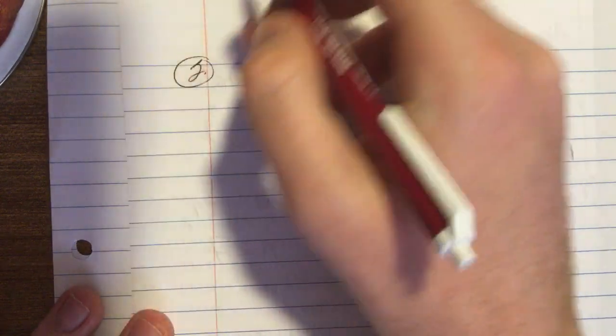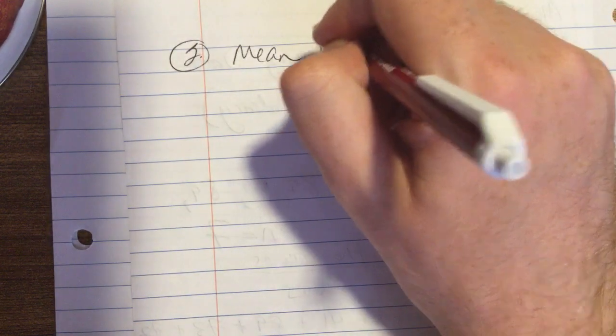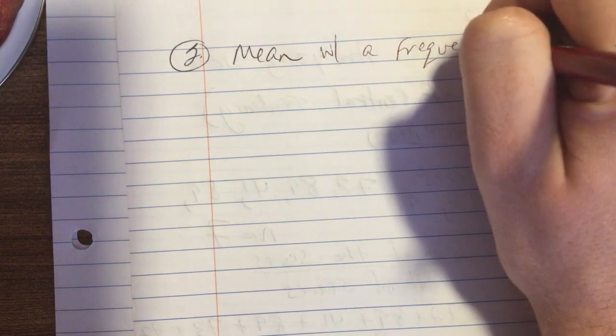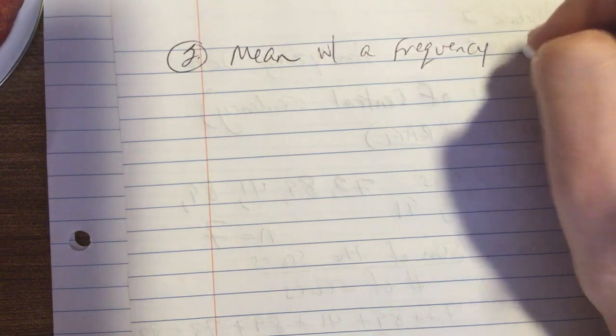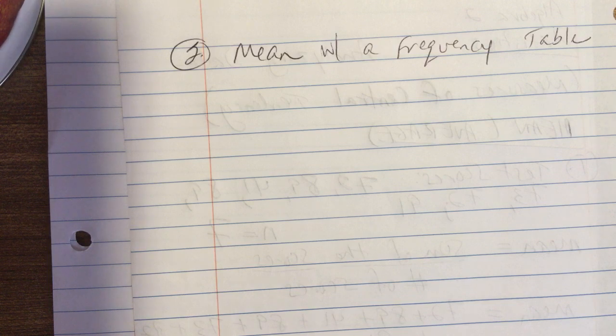And another consideration when you're looking for the average of a data set or the mean is a case where you may have a frequency table. That was finding the mean with a list, but sometimes they give you the data in a frequency table to organize it a little better. And frequency, as we know from our trig unit, is the number of times something happens.